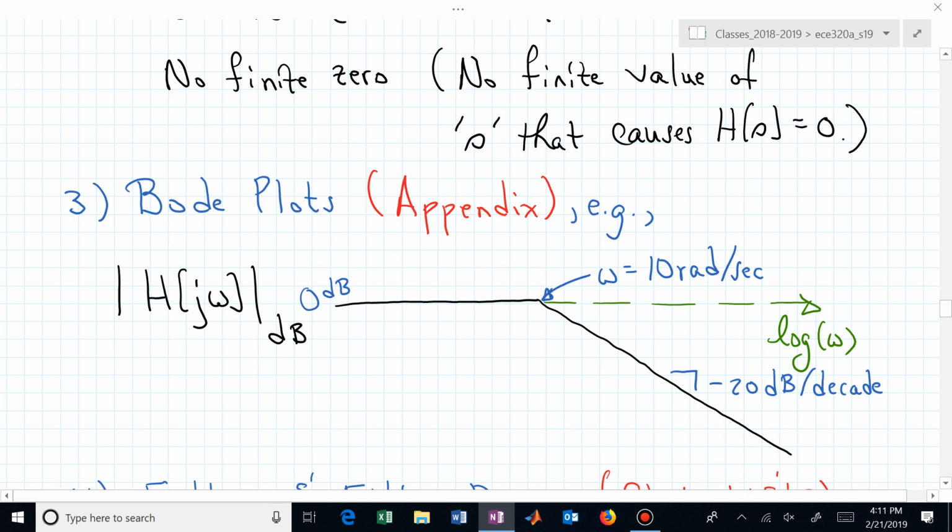And if we go a factor of 2 over, then we're just changing minus 6 dB. Not that critical, but it allows us to not have to go all the way over to a decade. We just have to go an octave, a factor of 2 instead of a factor of 10.